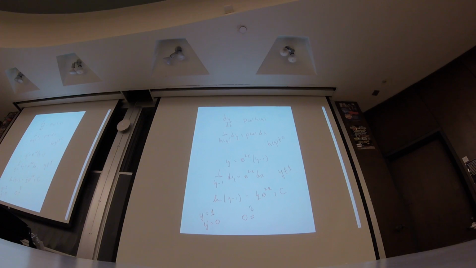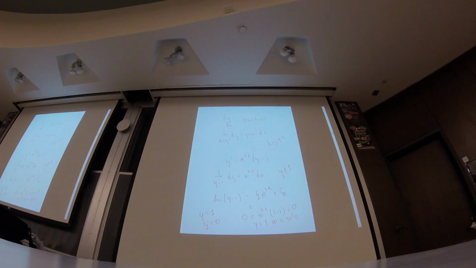Does 0 equal e to the 2x times the root of 1 minus 1? Right? I'm substituting y equal to 1, y prime equal to 0 into the differential equation. I'm checking to see whether y equal 1 satisfies the differential equation. And it does, right? This is 0.